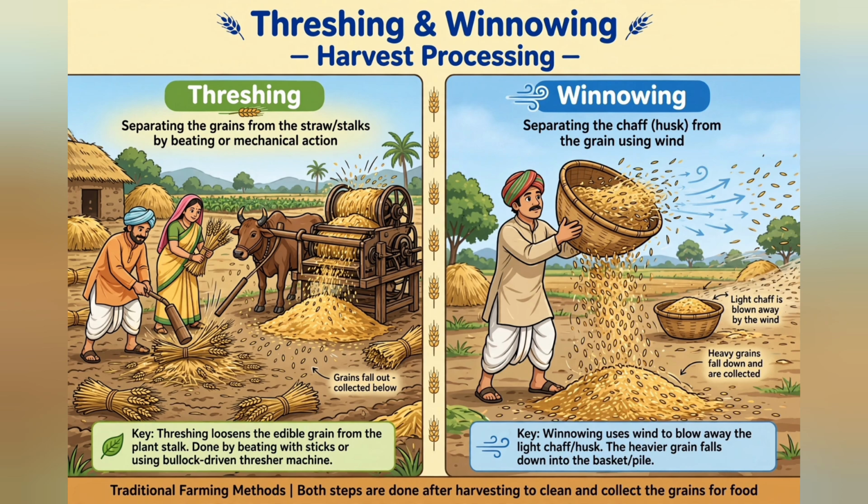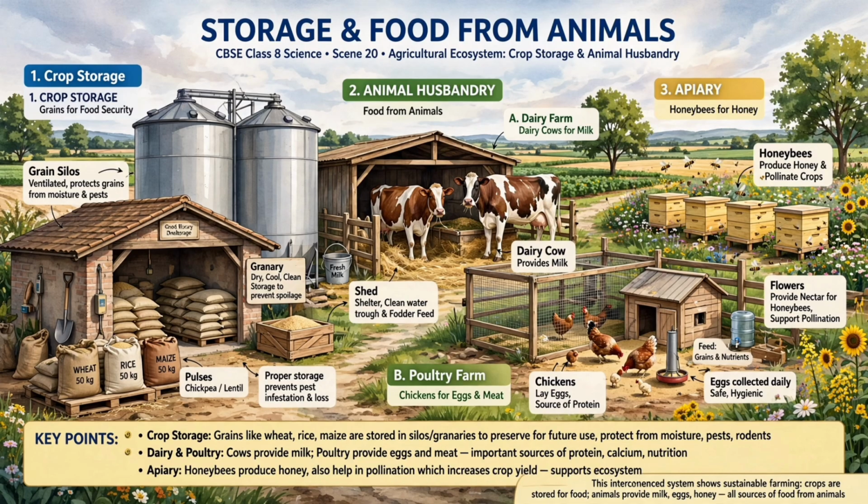Now we will discuss one term, that is winnowing. What is winnowing? The process of separating lighter chaff from heavier grains using wind. This is called winnowing.